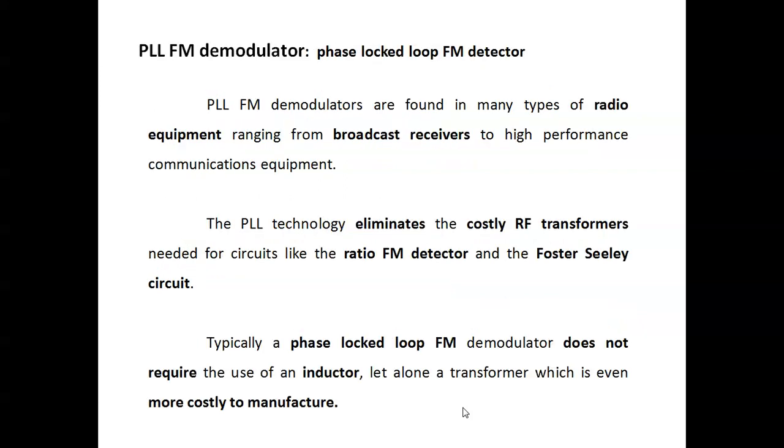Next one, the PLL FM demodulator, the phase lock loop FM demodulator, is another important one. The PLL FM demodulator is found in many radio equipment and broadcasting devices. PLL technology eliminates the Foster-Seeley method, because the Foster-Seeley method needs a costly RF transformer.